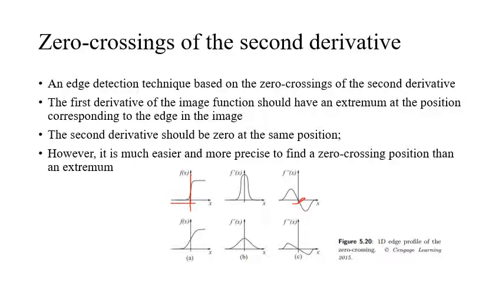The second constraint when choosing the smoothing filter is spatial localization. This requires the response of a filter to be from nearby points in the image. So we have to consider the neighborhood and go for spatial localization within the neighborhood.